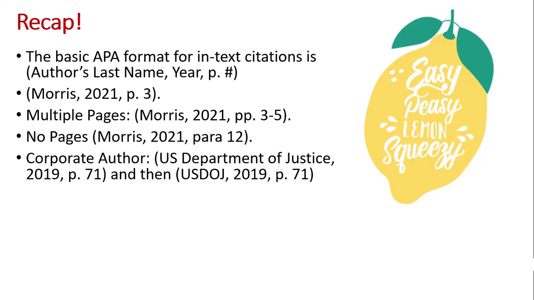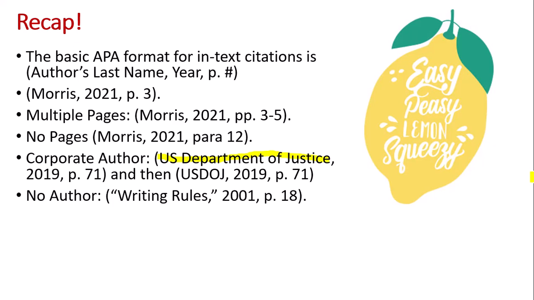For a corporate author, the first time you use the full name, U.S. Department of Justice, and then the other information, the year and the page. Then after that, you can use just the initials showing that corporation or government agency, U.S. DOJ, 2019, page 71.